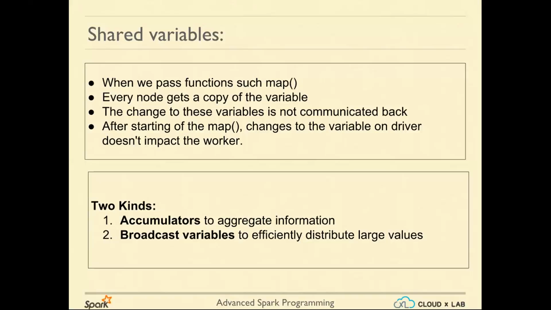And when we pass functions to map, that code is also going to be executed on all the machines. If that code depends upon external variables, those variables' copies will go there on all machines. But the value will not be communicated back. If the map function changed a particular variable, it won't be communicated back, right?